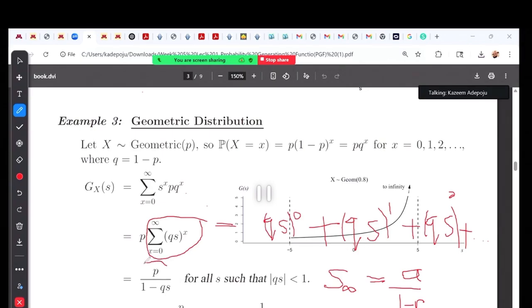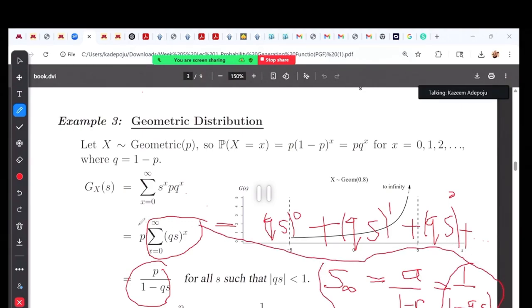So when you apply this, it's going to give you 1 over 1 minus qs. Don't forget there's a p here, so you multiply this guy by p. That is why you get this. That is the probability generating function for the geometric distribution.